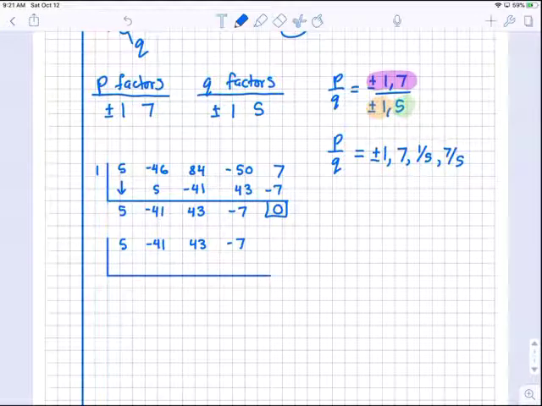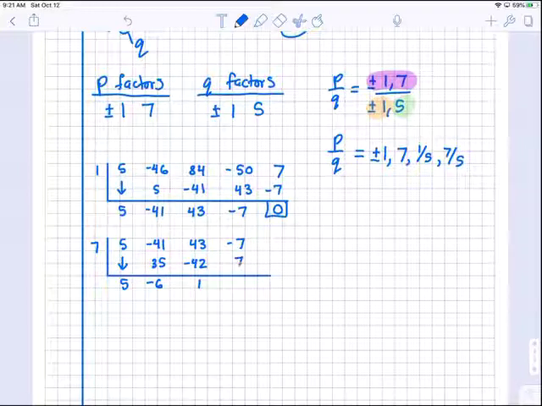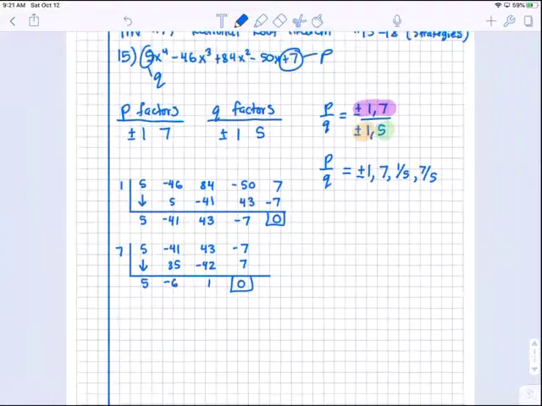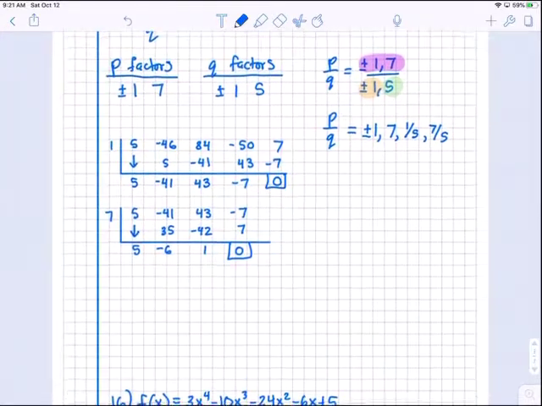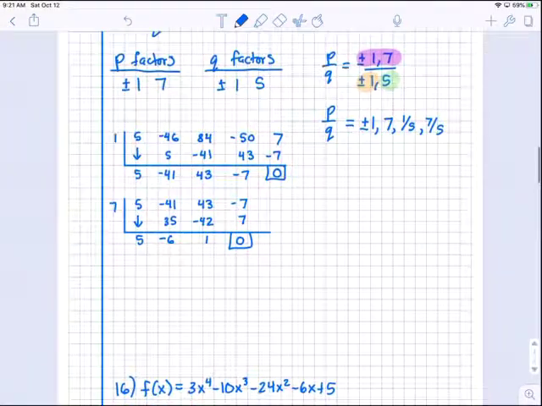So right now, let's just try out 7. 5 times 7 is 35. Drop it down. Negative 6. Negative 6 times 7 is negative 42. We add. Get 1. 1 times 7 is 7. So it's a lot of trial and error, you guys, but I am just purely guessing at this point, and I'm just getting lucky, so hopefully I can show you guys some tips on how to do this faster as well. So look at that, we finally got a trinomial.